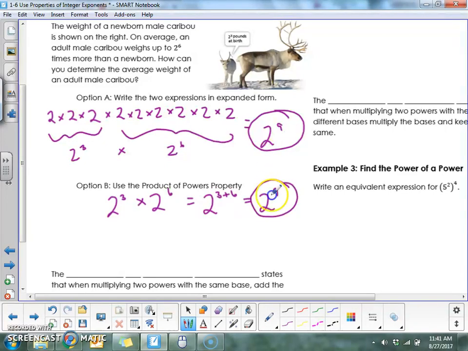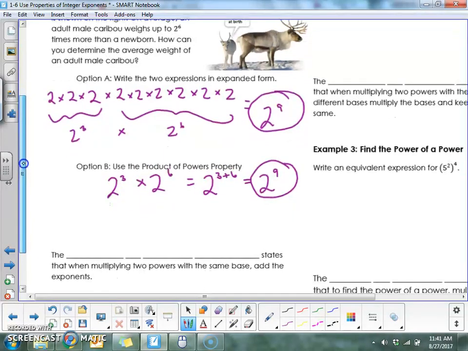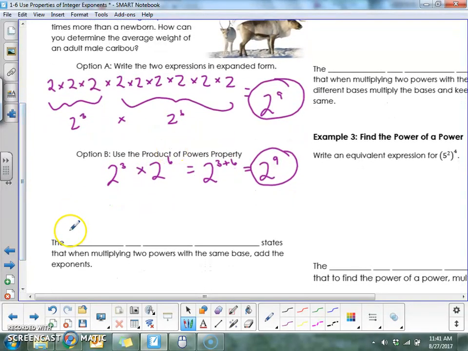Notice we got the same answer, this way is a little quicker, and it involves using the product of powers property. So again, the product of powers property states that when you're multiplying 2 powers with the same base, you add their exponents, like here. Okay?